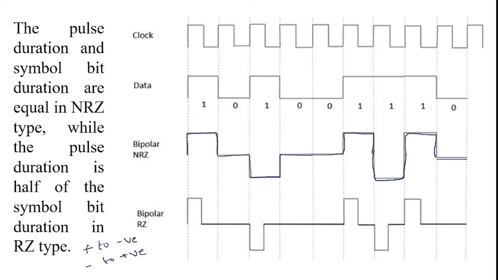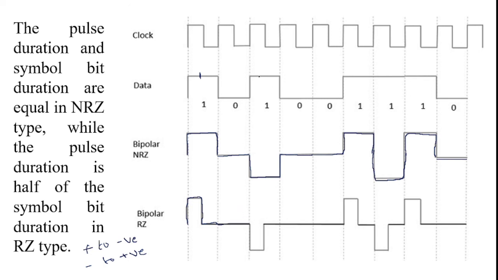Now for bipolar return to zero, its pulse duration is half of the symbol bit duration. In this binary data, half of the bit duration remains high, and it suddenly returns to zero, and this is low data. That low data is a zero voltage level.